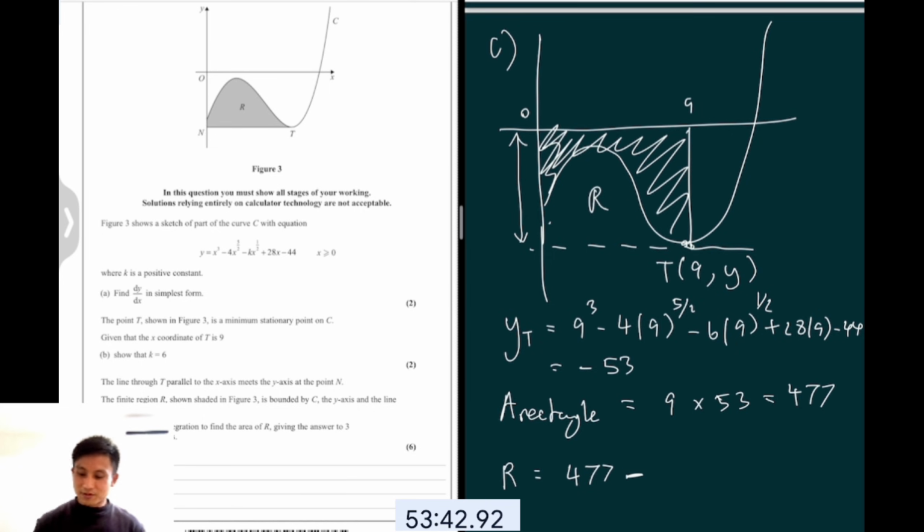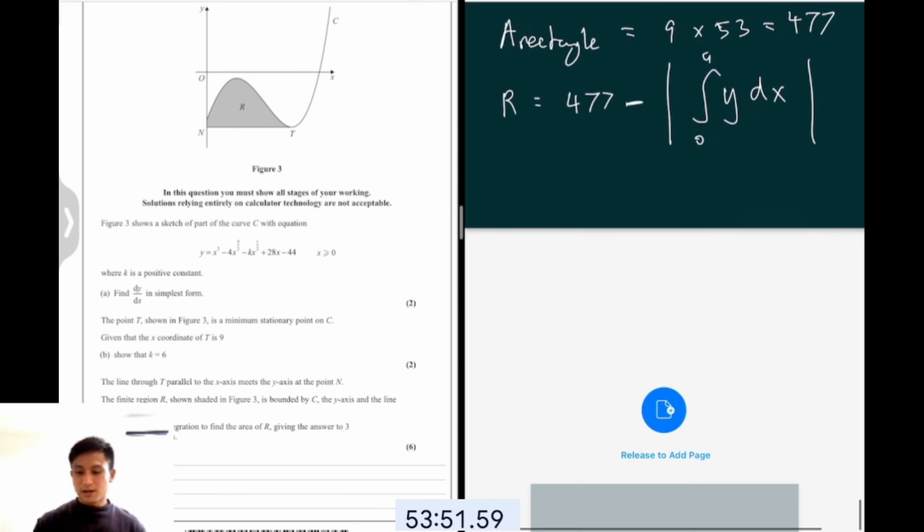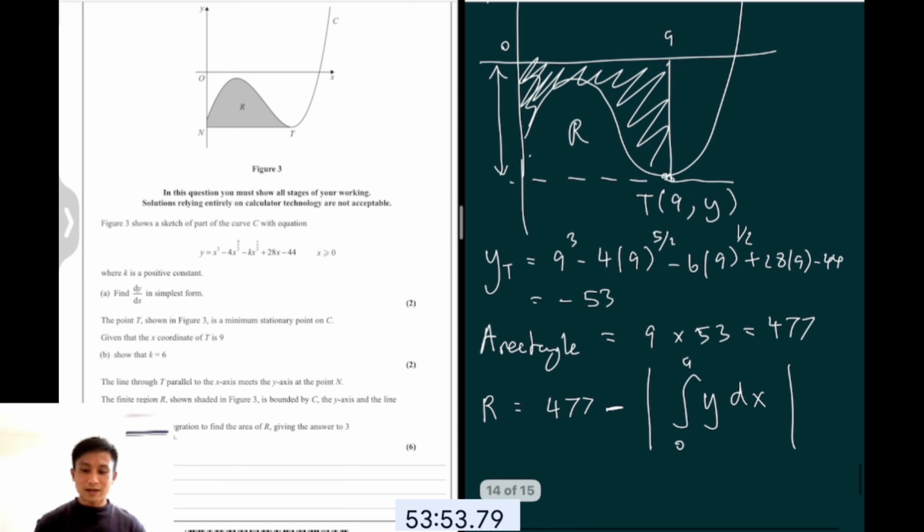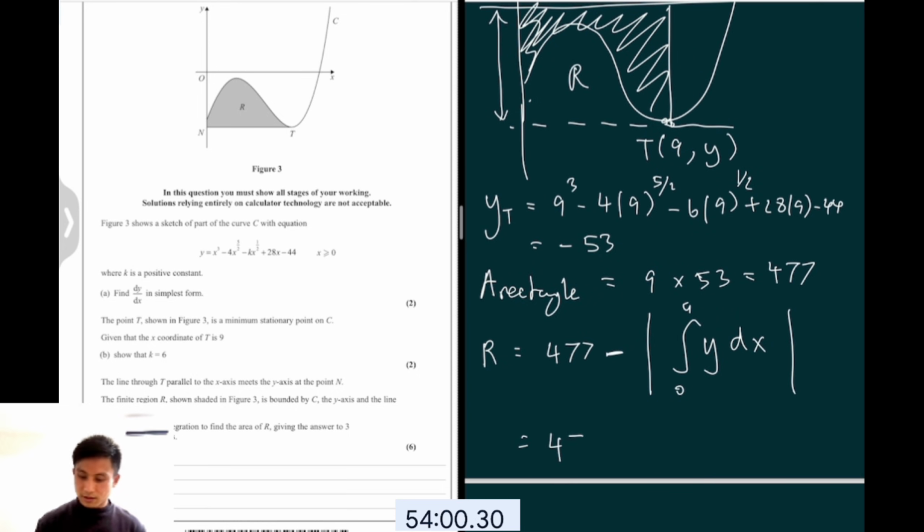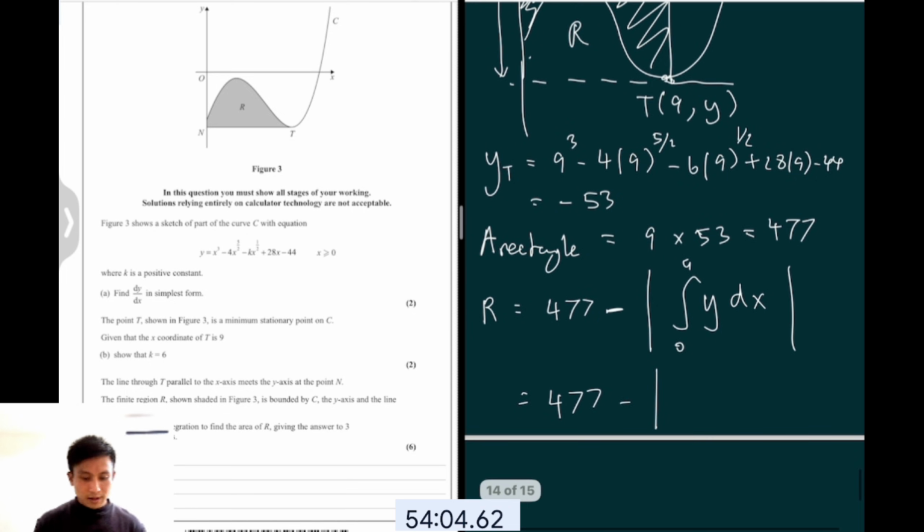Or I can say it's a minus and the absolute value of the integral of the function y dx, maybe that's better, because as I mentioned, that shaded area is going to be a negative value if you obtain it from the integration. Okay. So, yeah, I can keep the absolute sign there.